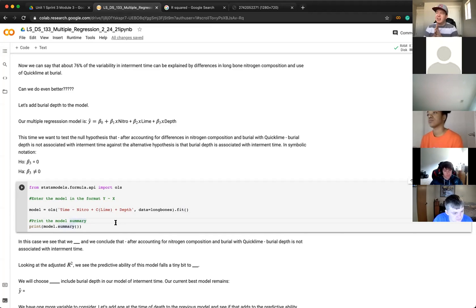And here's what I want you to do before I run this code cell. I want you to check in with your intuition and your understanding of the world, okay? Do you think that burial depth would be related to interment time? Has the depth of burials increased and decreased over time? Is there any correlation there?